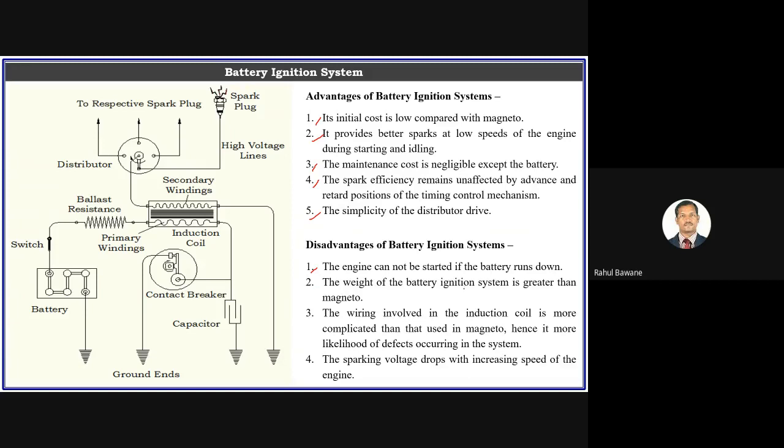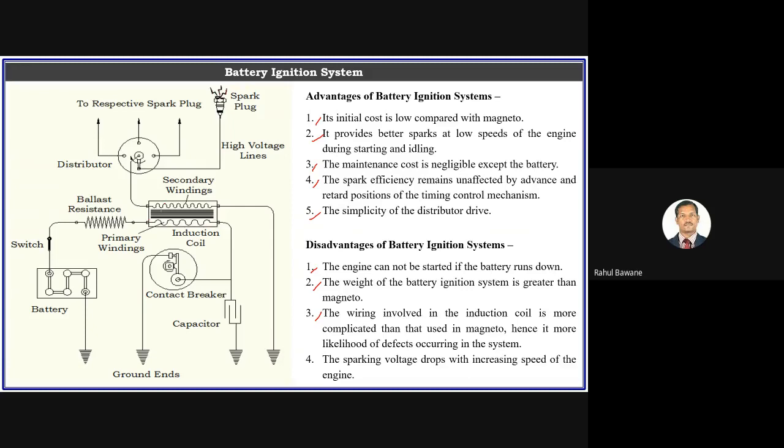Next, the weight of the battery ignition system is greater than the magneto ignition system, because the battery mostly is the heaviest part in this ignition system. The wiring involved in the induction coil is more complicated than that of using magneto. In this coil, there is a laminated core.